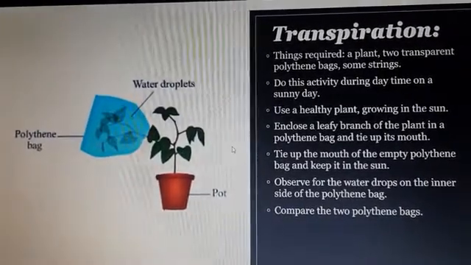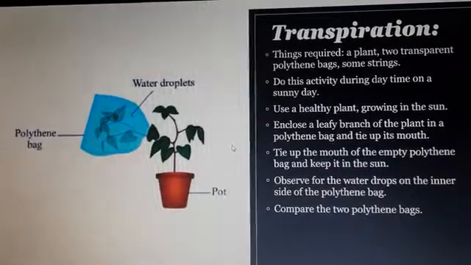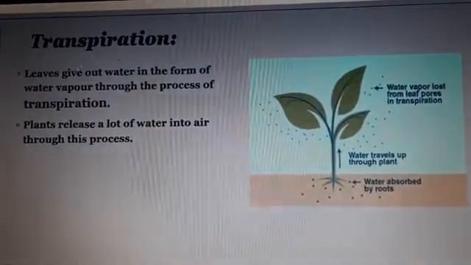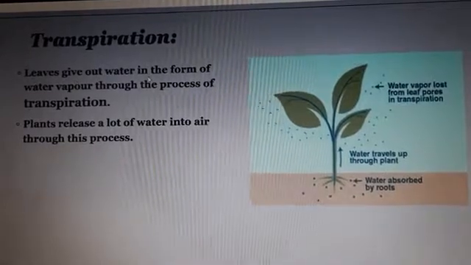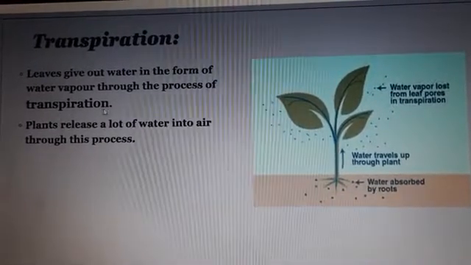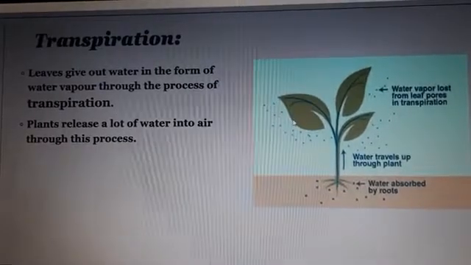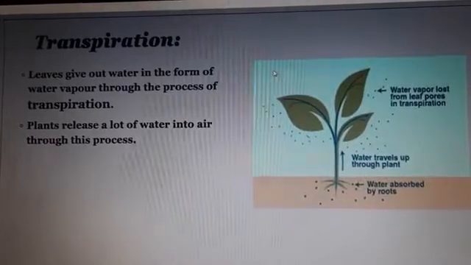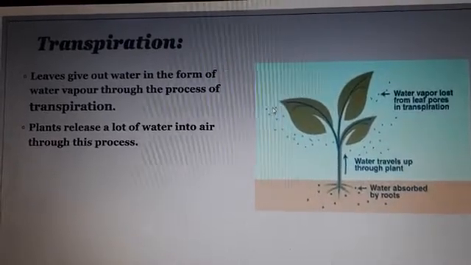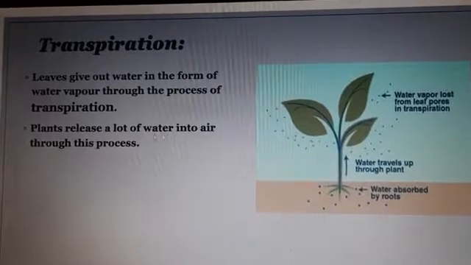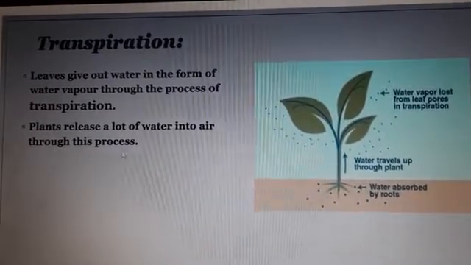So this activity will be really helpful for you to understand transpiration. Leaves give out water in the form of water vapor through the process of transpiration. So from the underside of the leaf the water is lost, so this water goes into the air. Plants release a lot of water into air through this process.